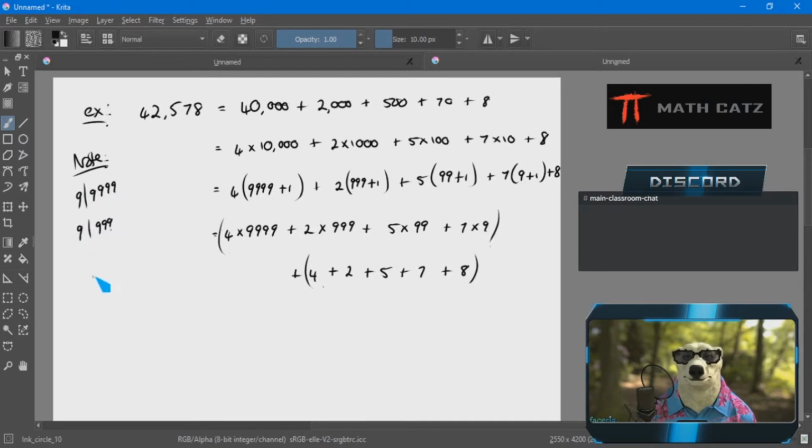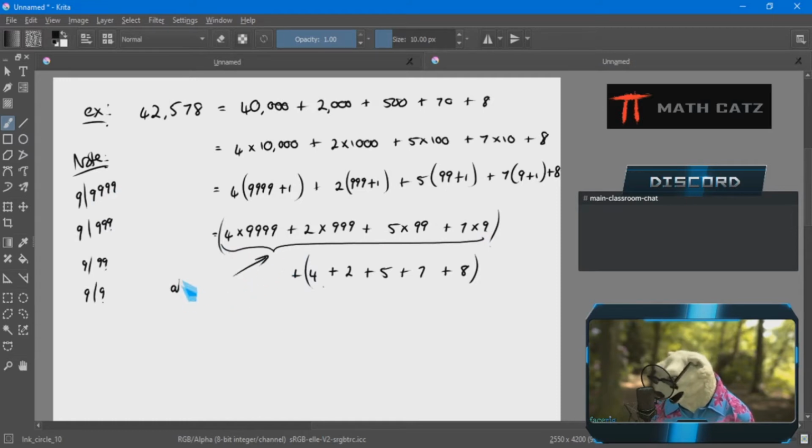Obviously, 999. It's going to divide into 99. It's going to divide into itself. Everything is good. So any multiple of these will be good. Then when I add them together, it's going to be good. Everything is going to be good. So this first portion is always divisible by 9.